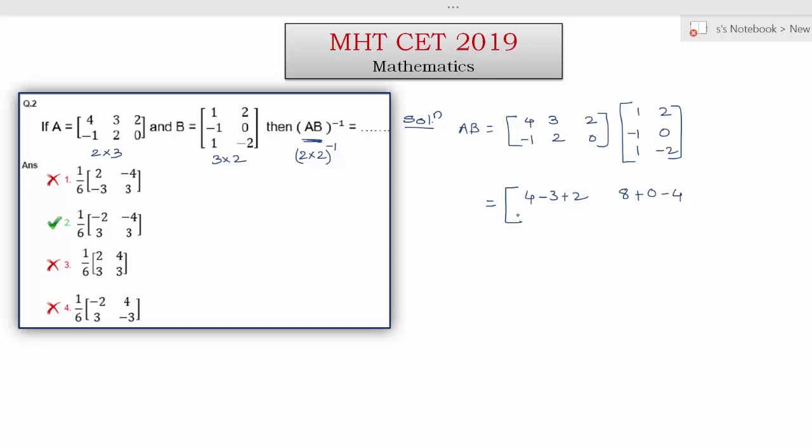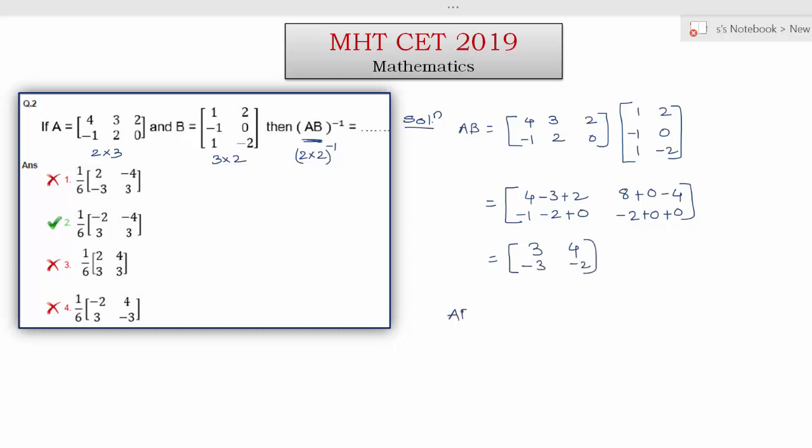Second row first column, that is minus 1 minus 2 plus 0. Second row second column, that is minus 2 plus 0 plus 0. So the product here is 3 4 minus 3 minus 2.